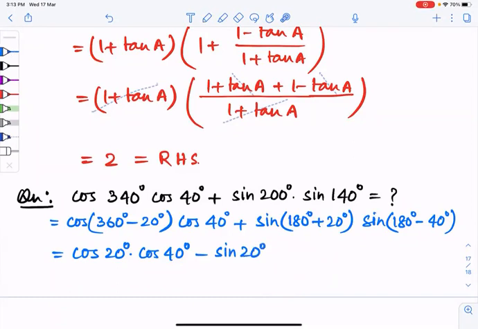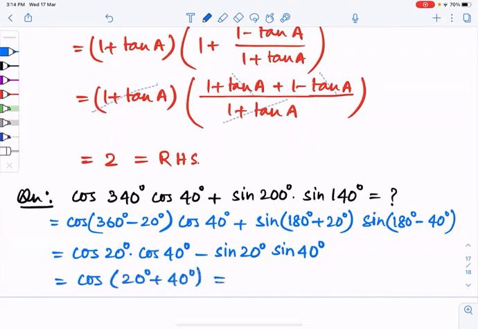And this 180 minus 40. 180 is here, minus 40 is coming this way. So 2nd quadrant, sine is positive. So it now looks like cos A cos B minus sin A sin B. Same angle, so I can just apply the compound angle formula, which is cos of A plus B, 20 plus 40.